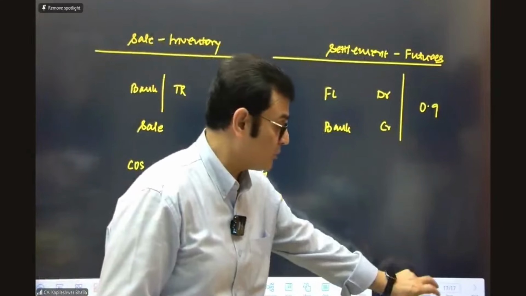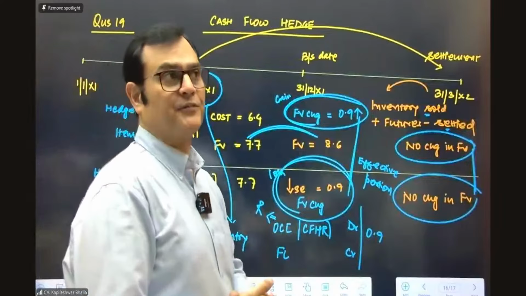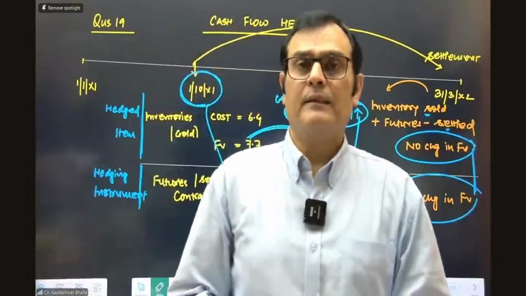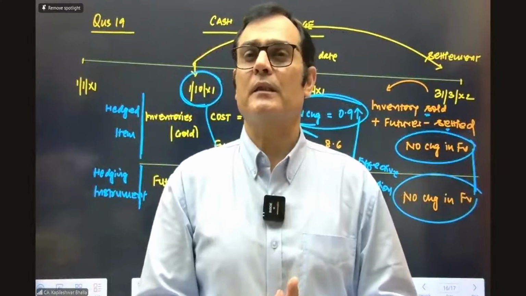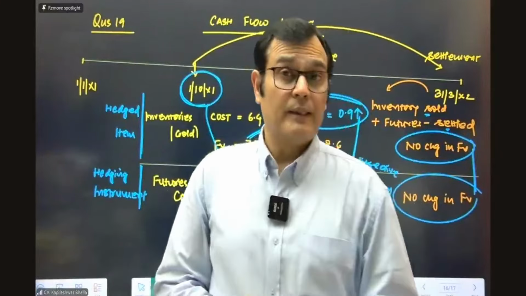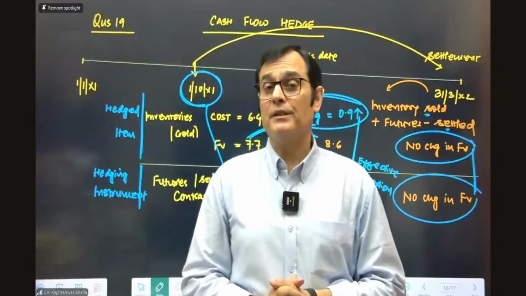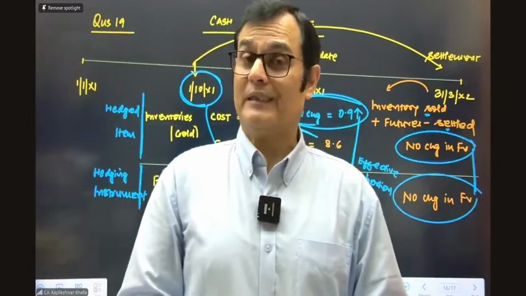But then the only question which comes into the mind is, what do we do with this OCI debit balance? You tell me, if this is a case of recycling, can I say this amount is going to be transferred to the P&L? And can I say, since the entire inventory has been sold, can I transfer the entire amount in this cash flow hedge reserve to the P&L in the year of sale itself? Yes.